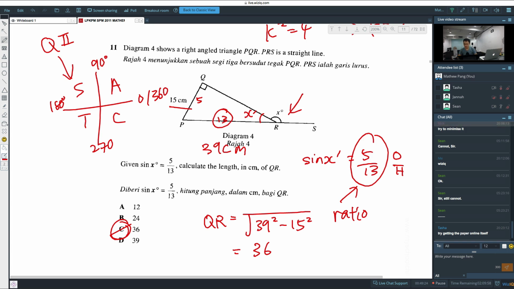Yes, this is a good idea. You try to download the 2011 math paper 1, and now we discuss until question 11. Or you have the past year paper book. If you bought the real past year questions from Popular, you can use that also.